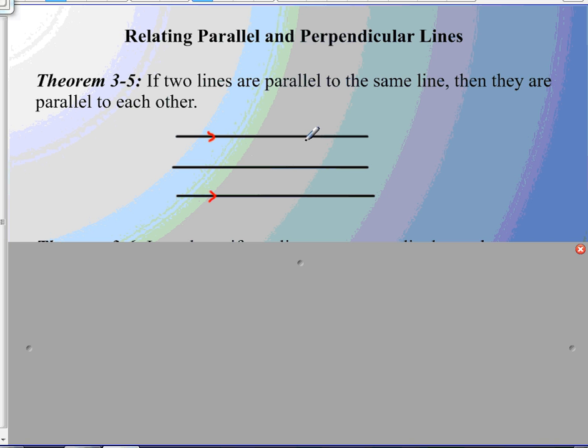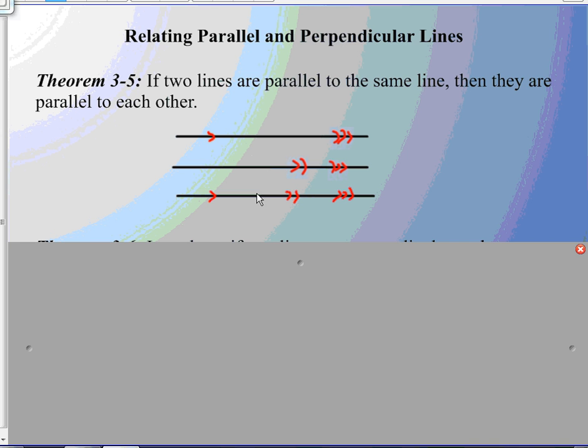But I also have this line and this line that are parallel to each other. So then I can conclude that because they are parallel to each other, this line and this line, and in fact this middle line, are all parallel to each other, okay?